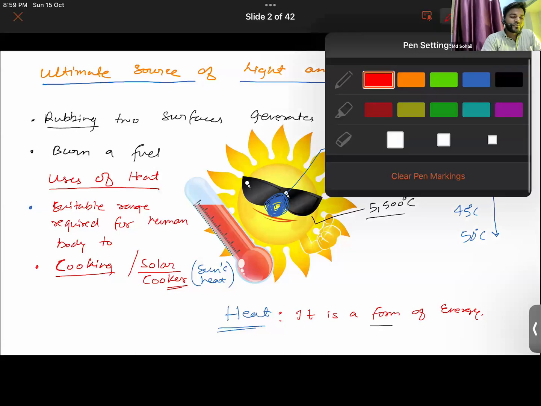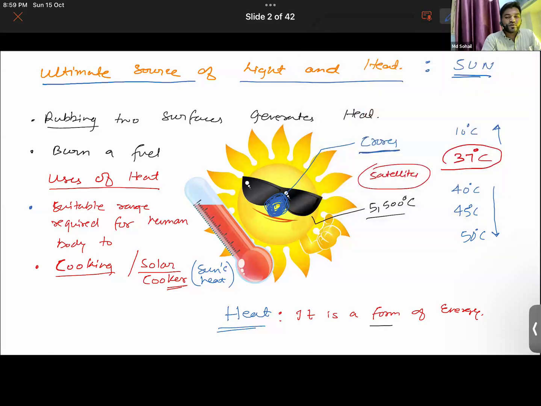What other purposes do we use heat for? What other uses are there? Sir, we use heat to iron our clothes. Yes, to iron our clothes, to straighten our clothes.